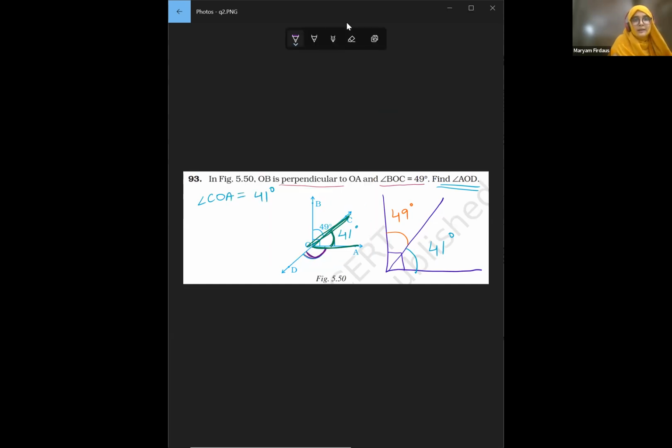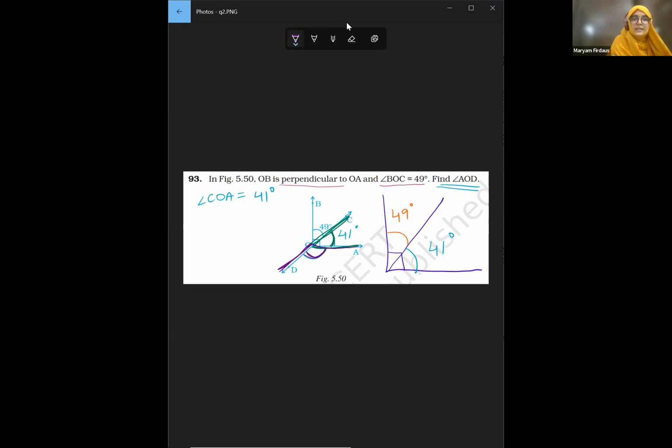And your angle AOD is this one. Does it look like something? Yes. What is it?